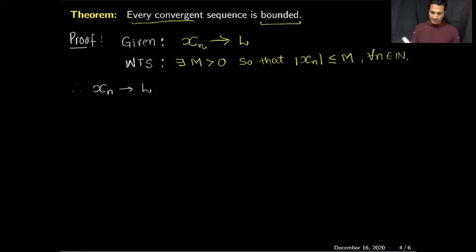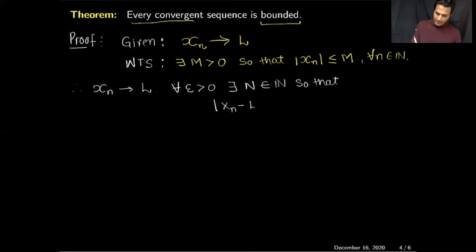By definition, for all epsilon positive, there exists a natural number N, so that the absolute value of xn minus L is less than epsilon whenever n is bigger than or equal to capital N. This is the meaning of a sequence converging to a limit L by definition. So this implies this statement.